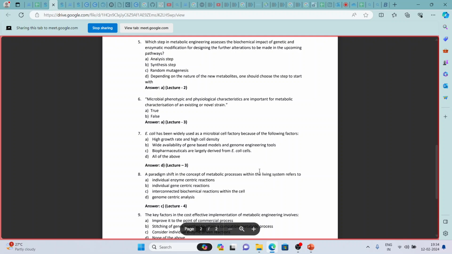The answer is true because unless we know how a particular strain behaves given a particular condition and what are all the phenotypes it exhibits, we will not know whether it is particularly suited for our metabolic engineering goal. So it's always better to know the microbial phenotype and the physiological nature of the strain.